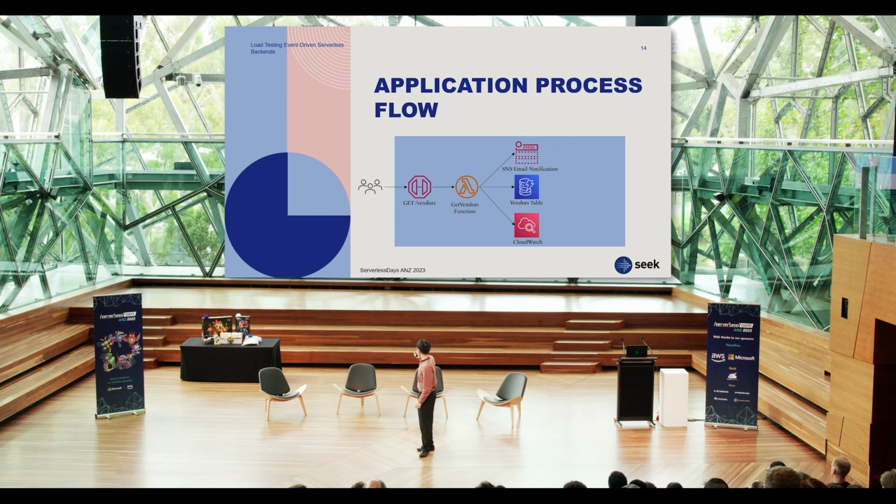As a request, you send a GET request to get the vendors via the API Gateway, and then you go into the Lambda function, which is triggered by that API Gateway to get vendors, and which then takes from a vendors table.